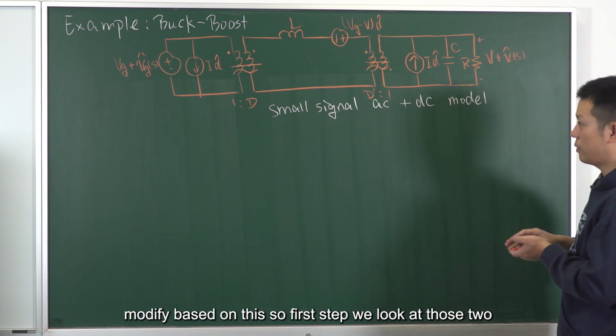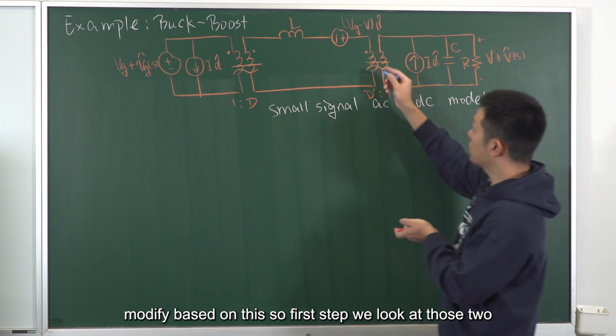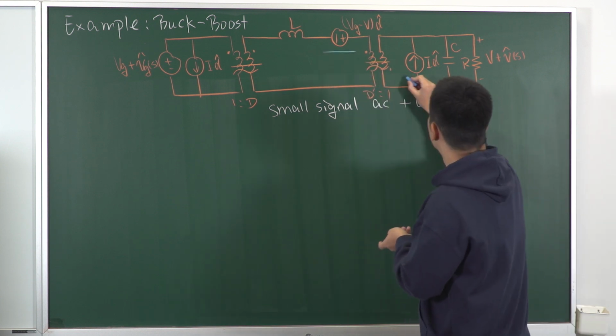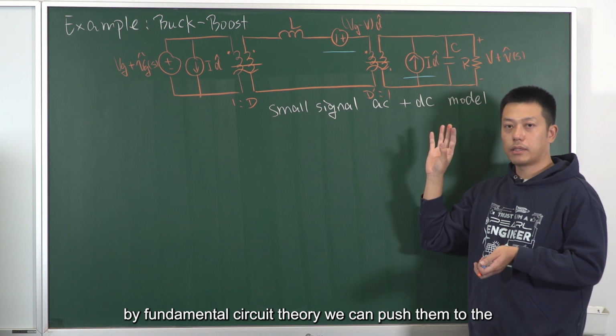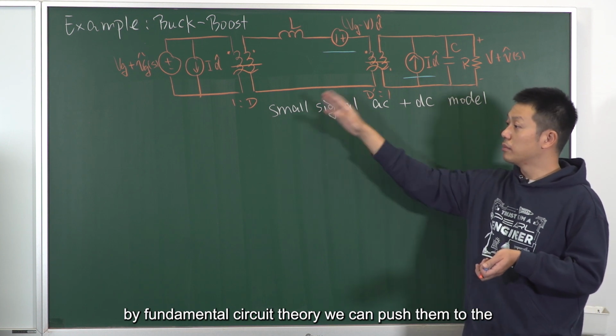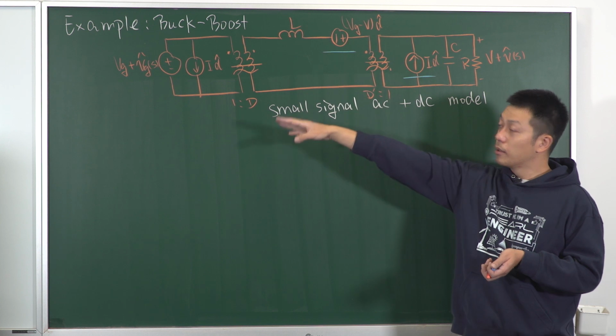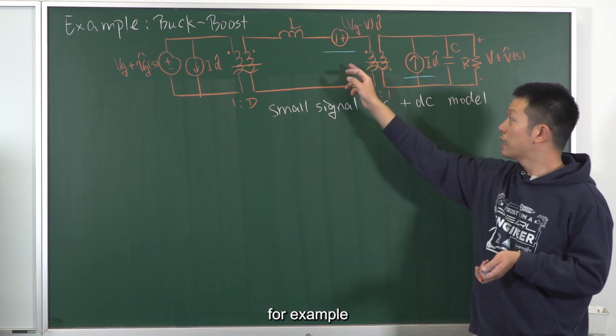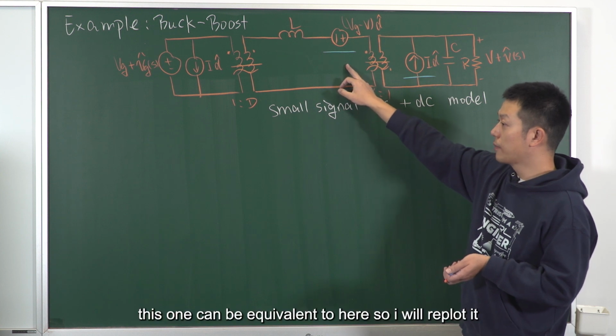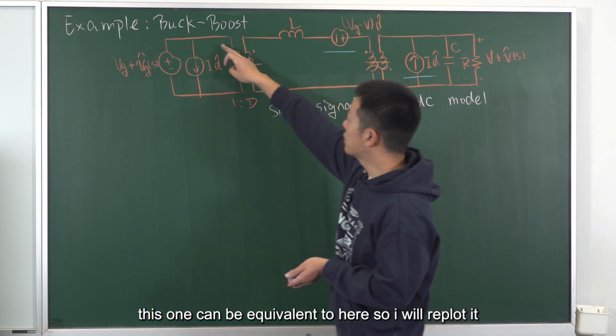So first step, we look at those two independent sources. By fundamental circuit theory, we can push them to the primary side of their corresponding transformers. For example, this one can be equivalent to here.